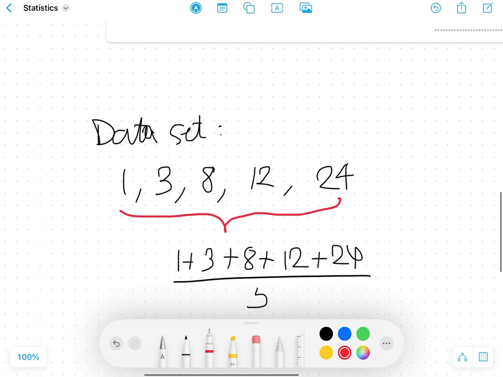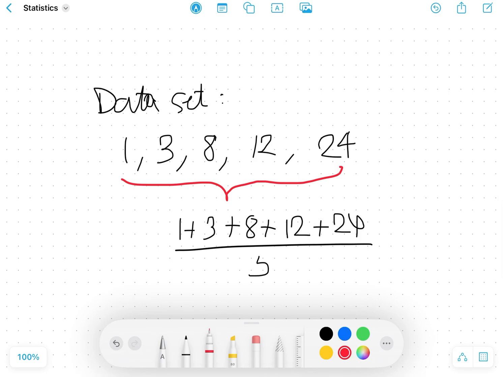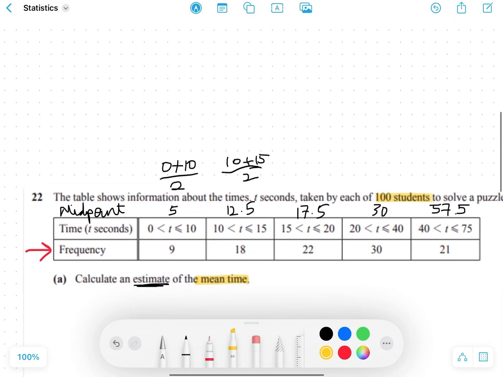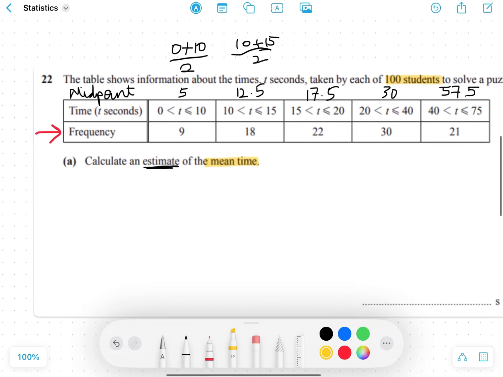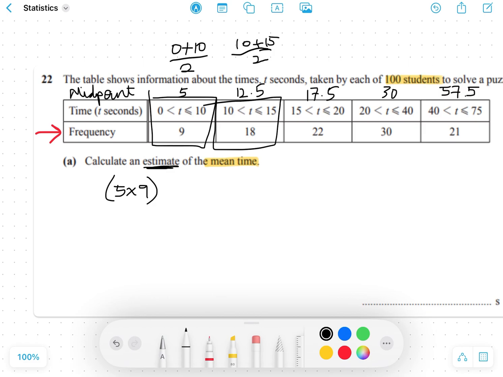Now, if you want to calculate the sum of values like we did here, we would take the midpoint of each and multiply it by its frequency. If you can imagine, that would give the sum of this interval, and then we add it to the sum of the next interval. That's why we're multiplying by the frequency.